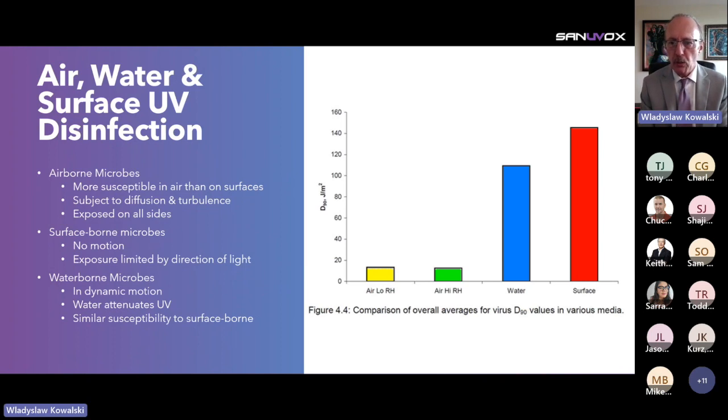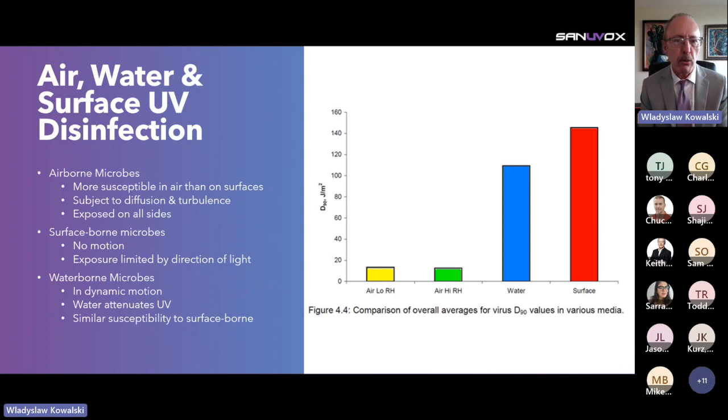UV is also used in water disinfection, but in water, microbes tend to be more resistant for reasons that have to do with attenuation of UV in water. Microbes on surfaces tend to be a little more resistant than microbes in water, and this is because they are sitting still. Microbes that are in air are rotating and spinning and diffusing in every direction.